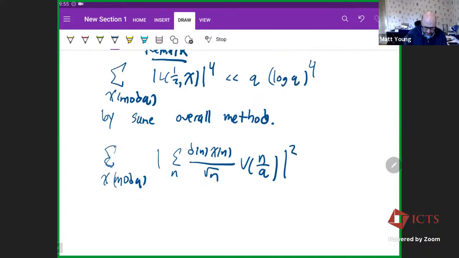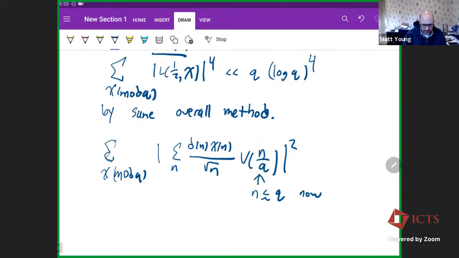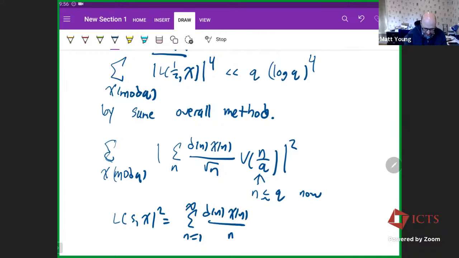So essentially n goes up to q now, because we have a fourth moment. In a way, what I'm doing is a second moment of the Dirichlet L function squared. So L of s, chi, squared is the same sort of looking L function, except multiplied by the divisor function.